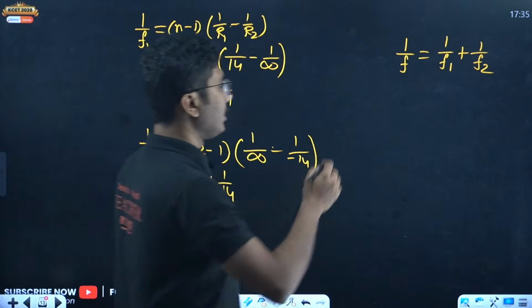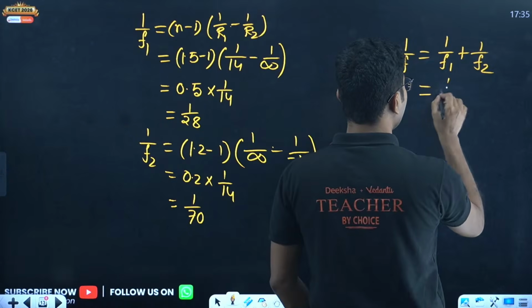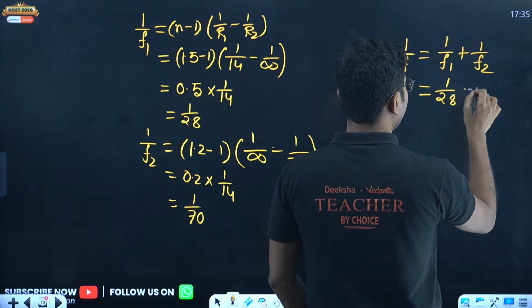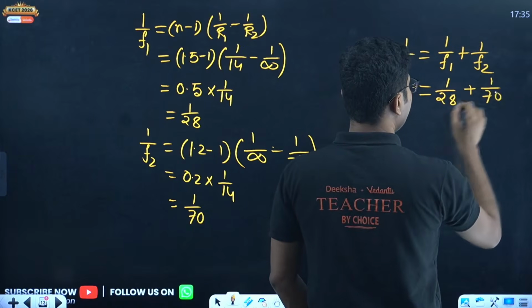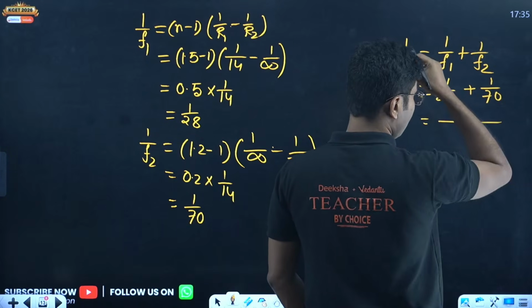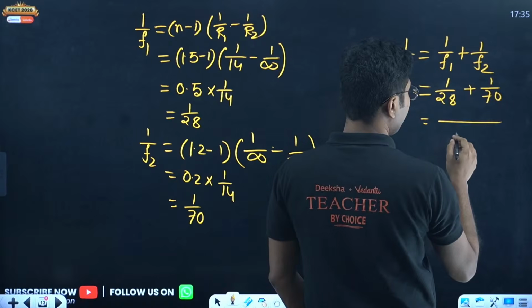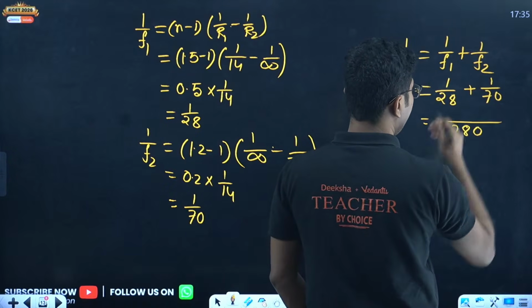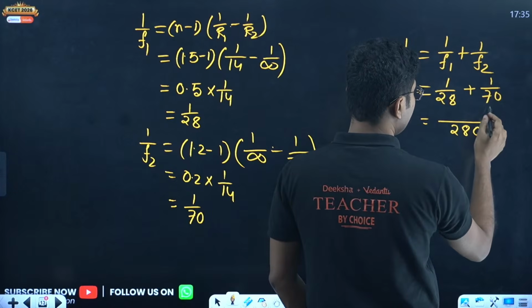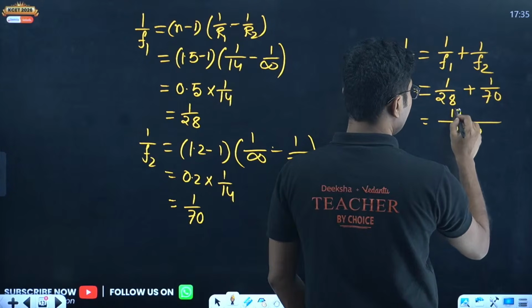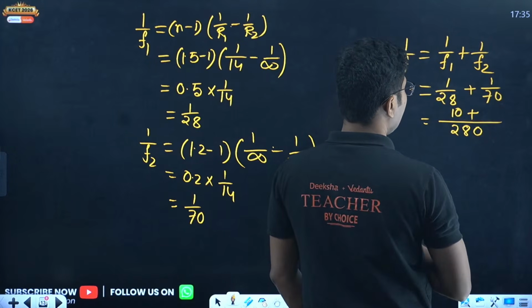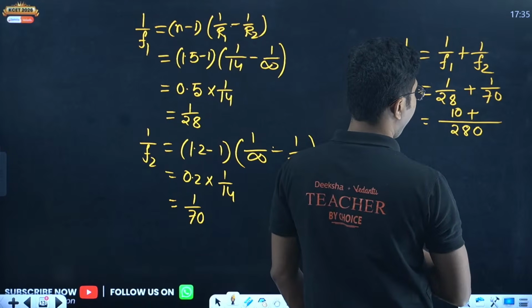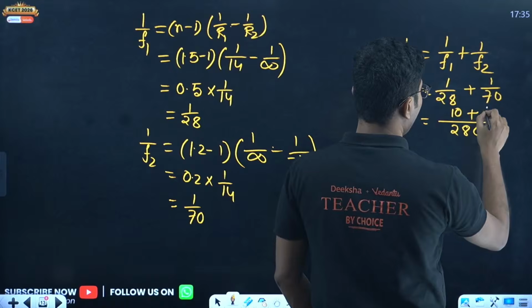Now let's use these in the combination formula. So that is 1 upon 28 plus 1 upon 70, and it will be 10 plus 4 over 280.